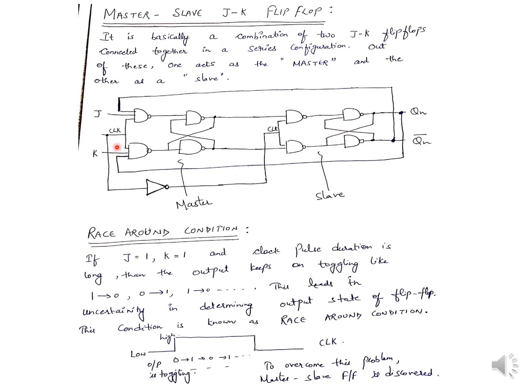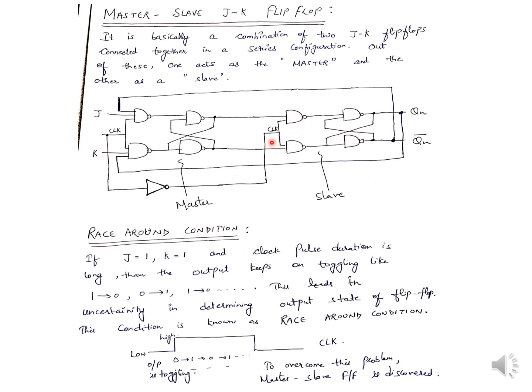So that was the main problem in the JK flip-flop, and this condition is known as the race around condition. Now to prevent this condition, the master slave JK flip-flop is discovered. And this is a very important flip-flop, very important, and you must see this diagram. By looking at it, it seems to be difficult, but it is not difficult. It is very easy to draw. As you can see here, this is one JK flip-flop with 4 NAND gates, 1, 2, 3, 4, with feedback to each other.